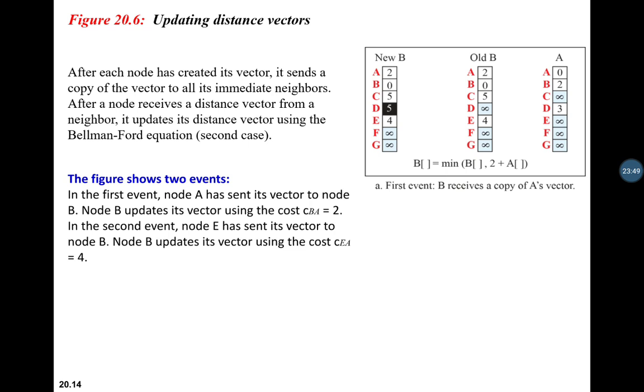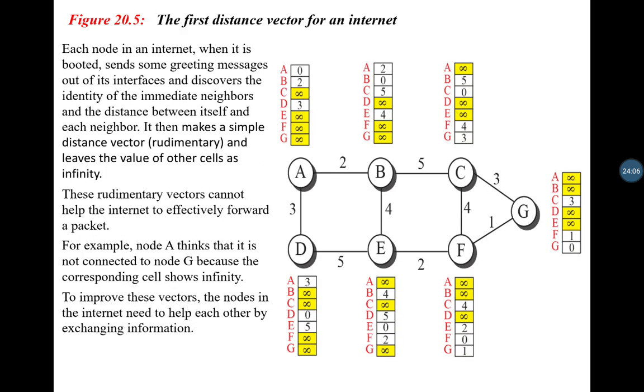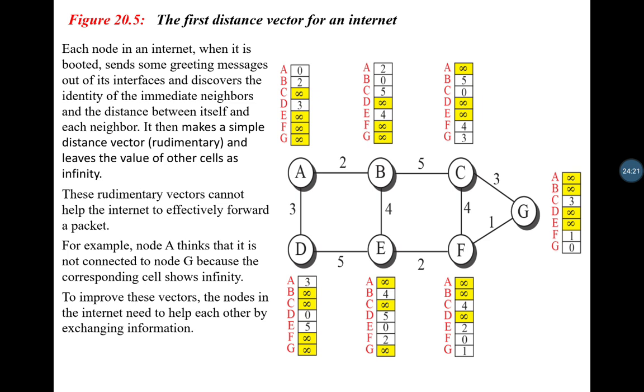That is one event. In the second event, node E has sent its vector to node B, and node B updates its vector using E. Using E it can go to D, and it can also go to F. D has already been reached with the minimum path, so it can reach F now.